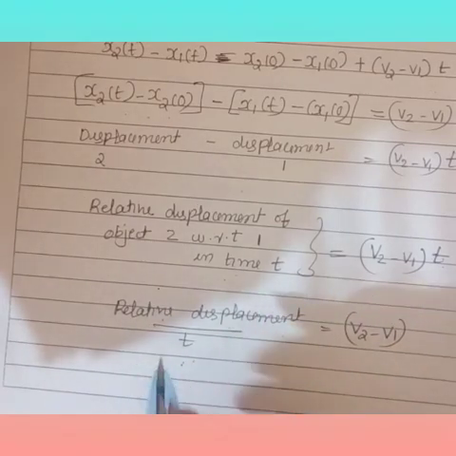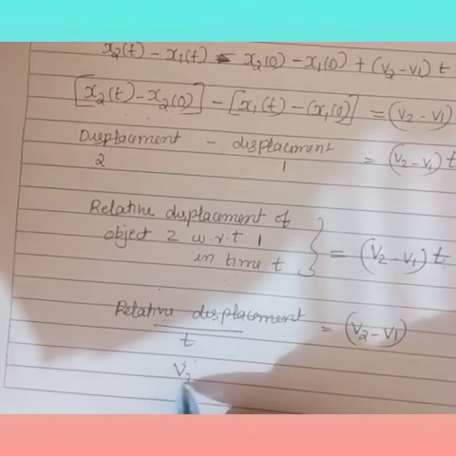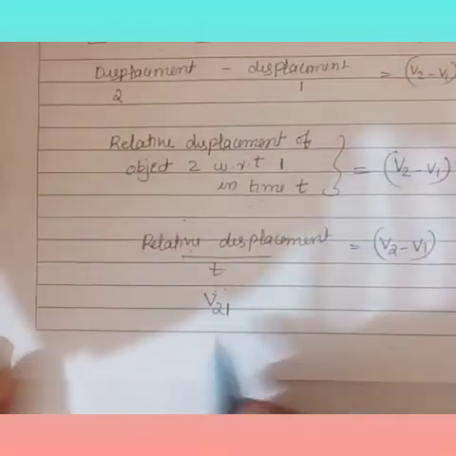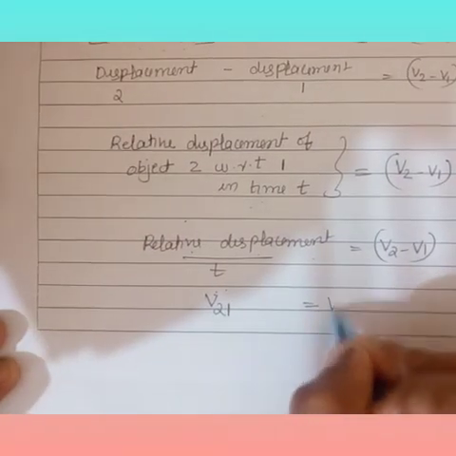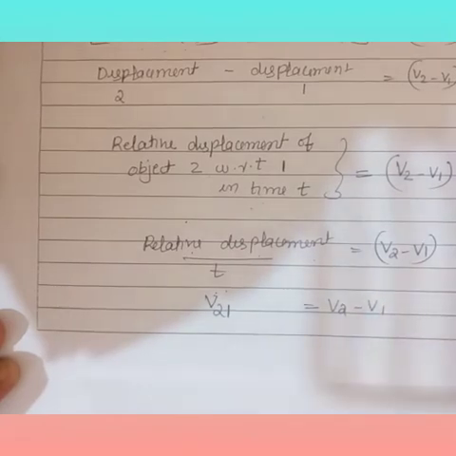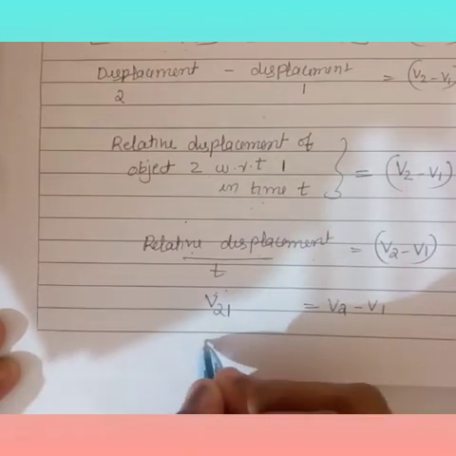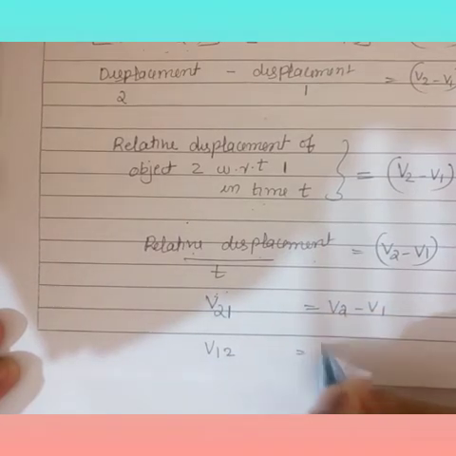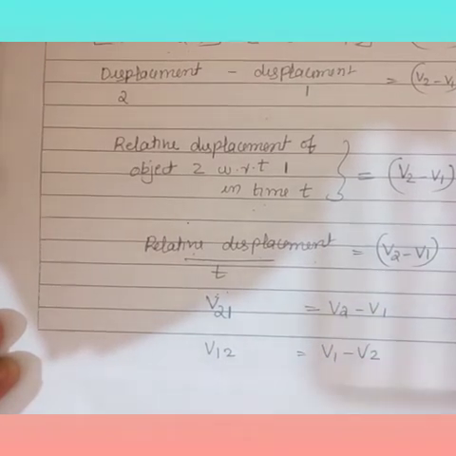Relative velocity of object 2 with respect to 1, that is v21, is equal to v2 minus v1. Then the relative velocity of object 1 with respect to 2 is v1 minus v2.